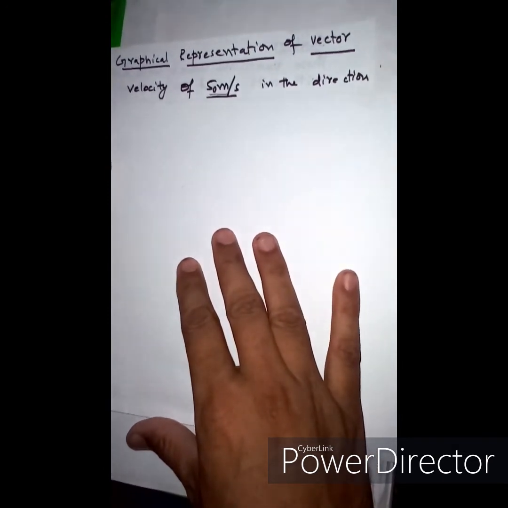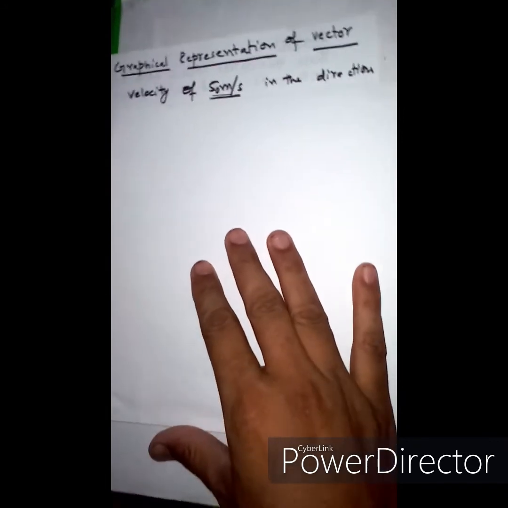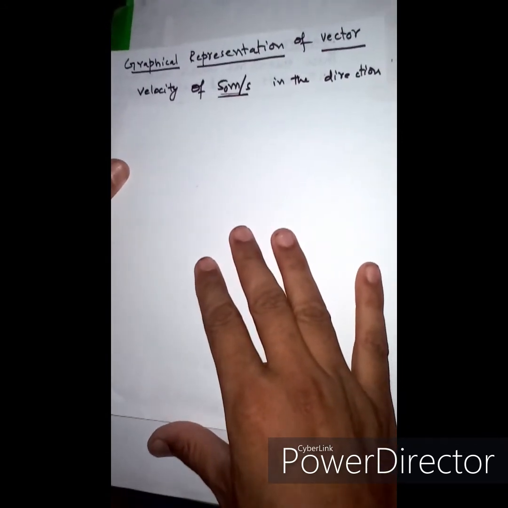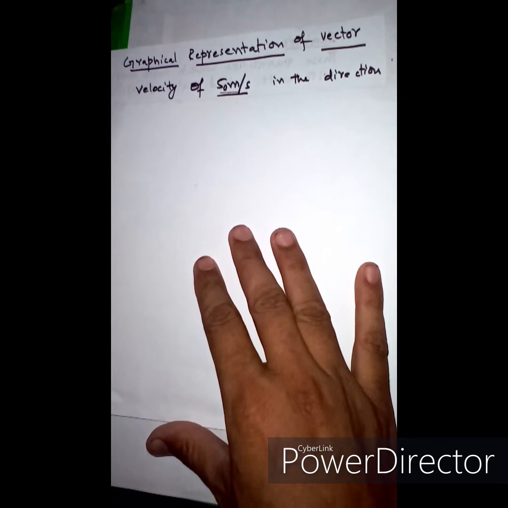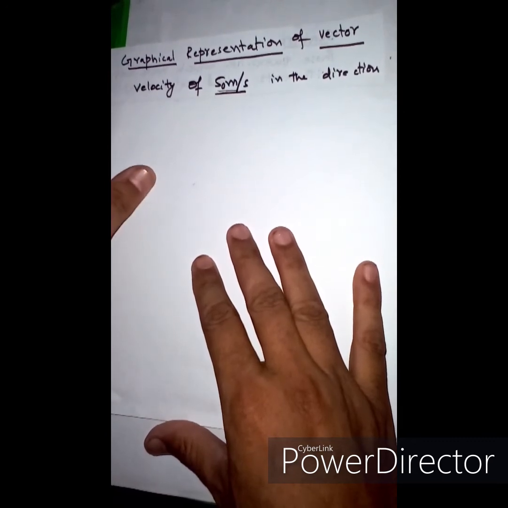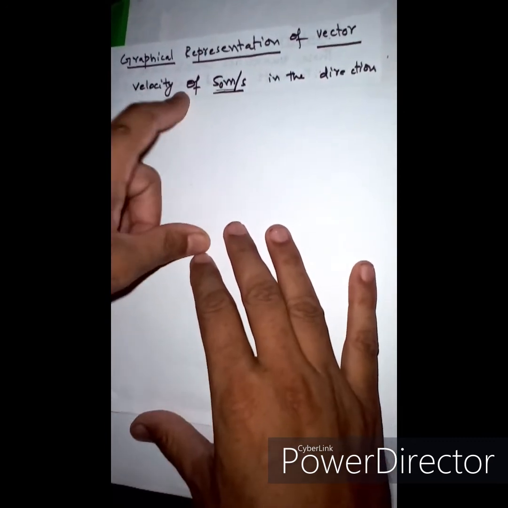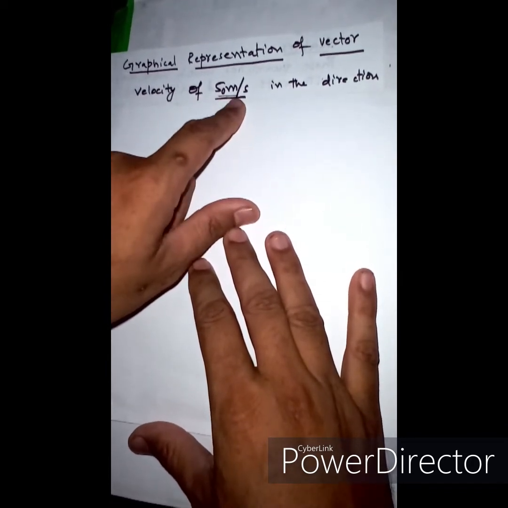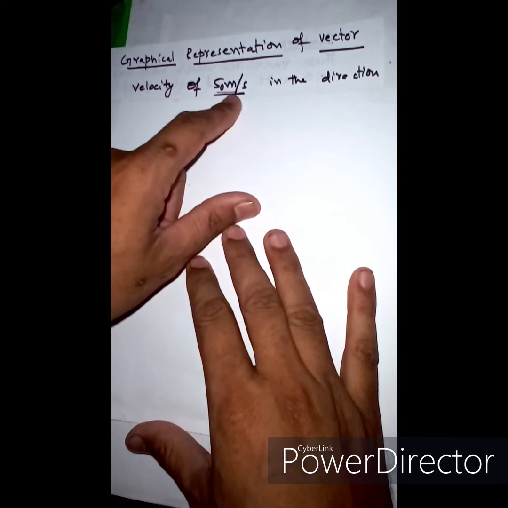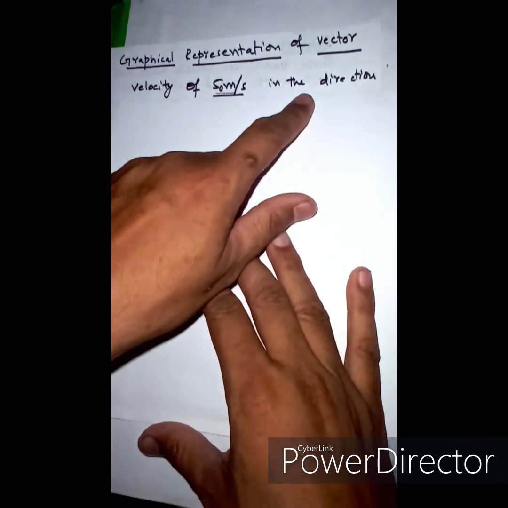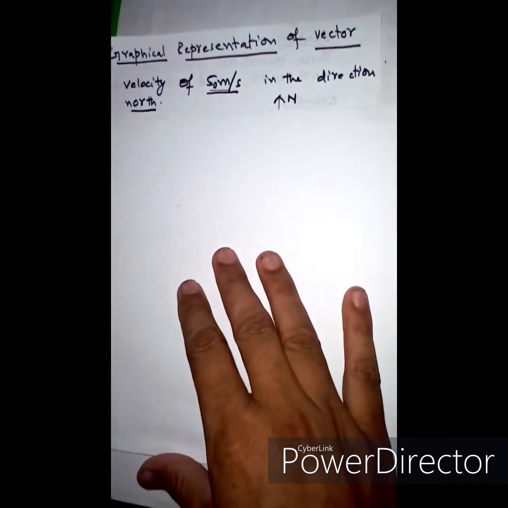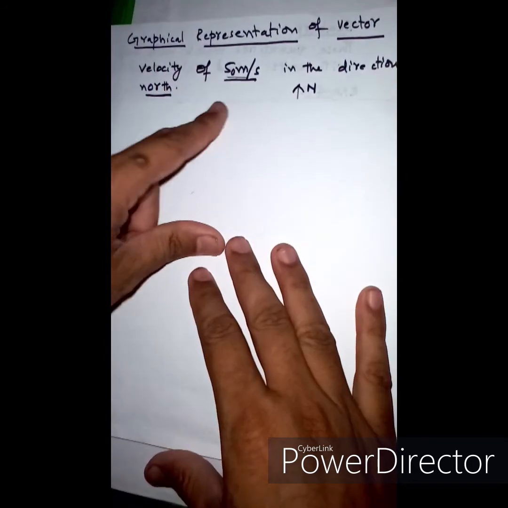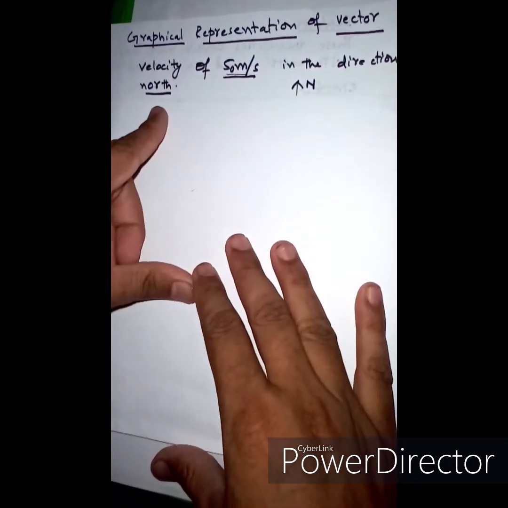Just like the velocity vector we want to represent, vectors have three things: magnitude, direction, and their specified units. For example, in a velocity of 50 meter per second, 50 represents its magnitude, meter per second represents its unit, and its direction is north.